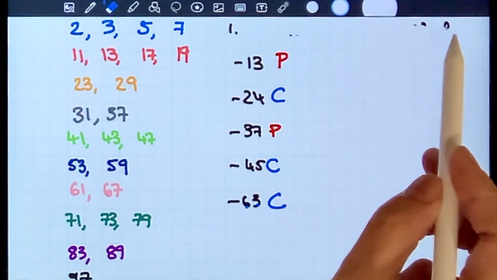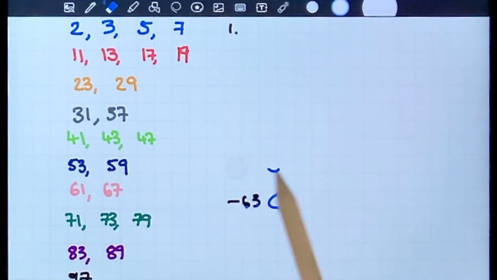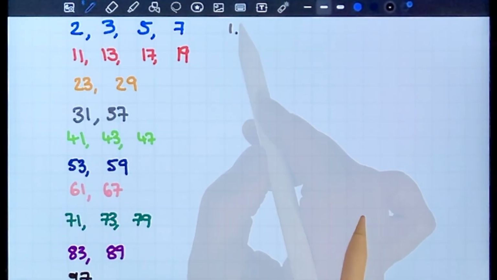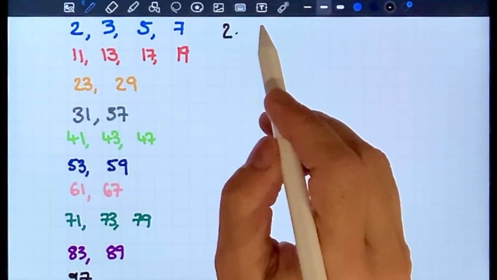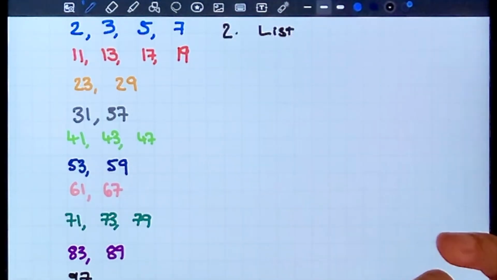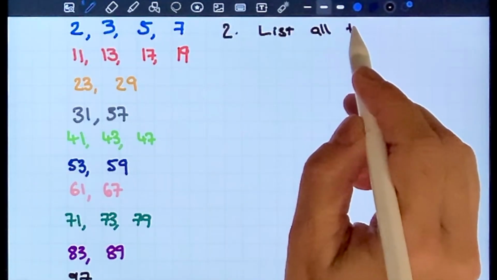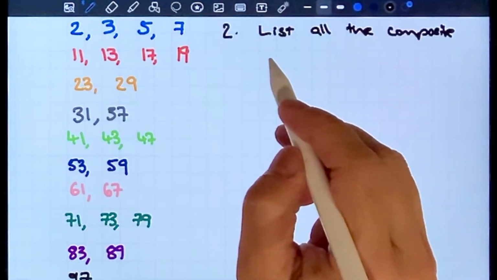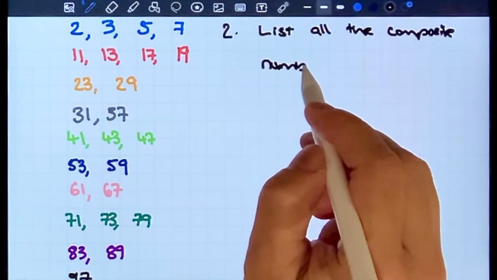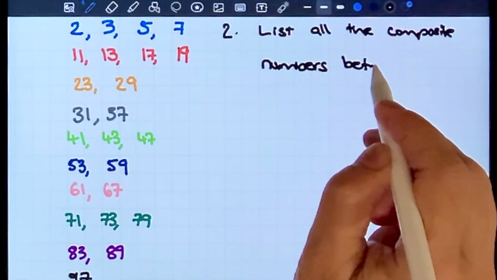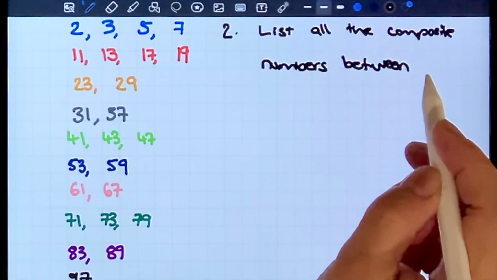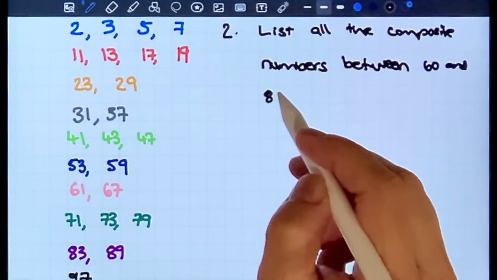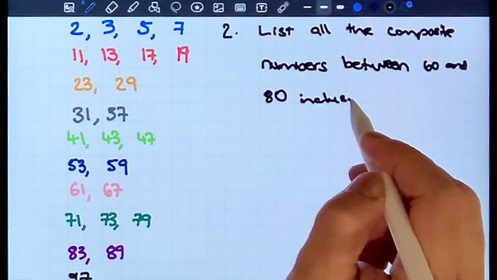Okay, now we're going to move on to question 2. So question 2 wants us to list all the composite numbers between 60 and 80 inclusive.